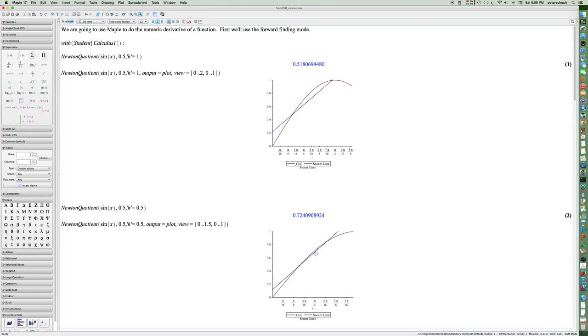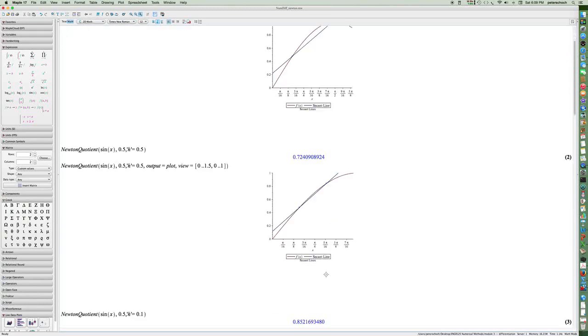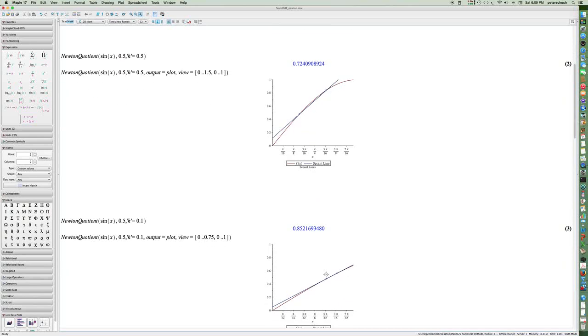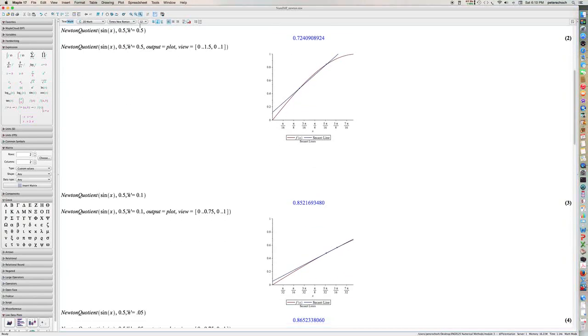If I plot that, you can still see that there's a fair bit of distance between the actual curve and that secant, or the slope of that line. If I then cut that down from 0.5 to 0.1, I'm at 0.85. Again, I was looking for the 0.8775. So really, I'm good to 1 decimal place accuracy.